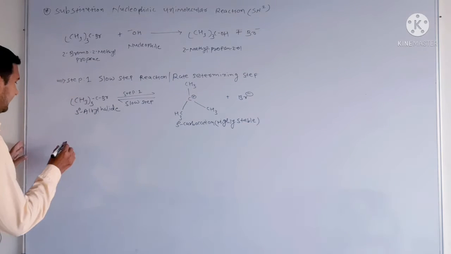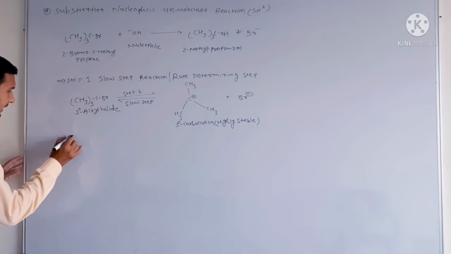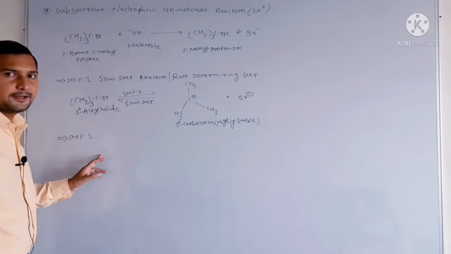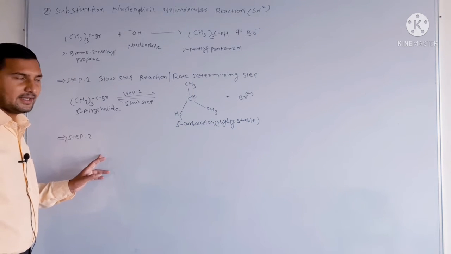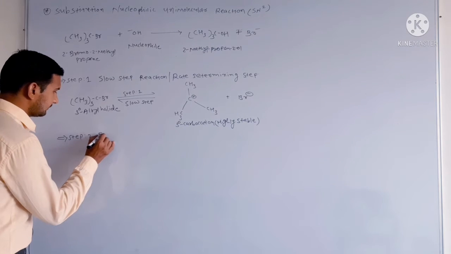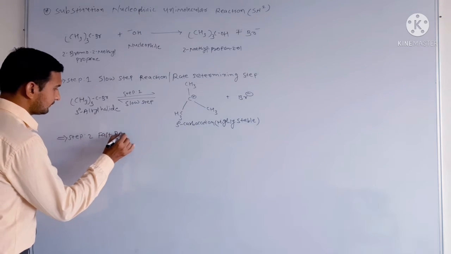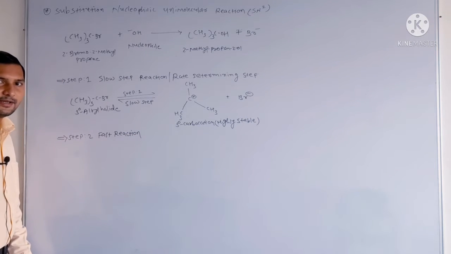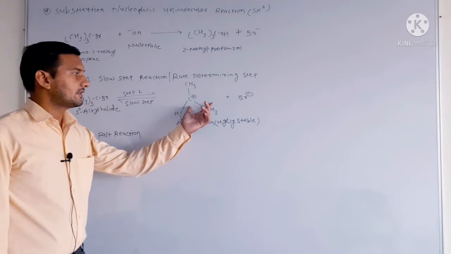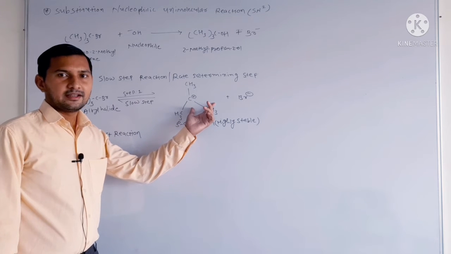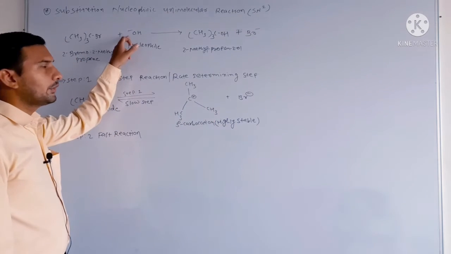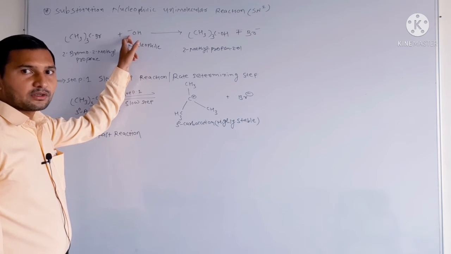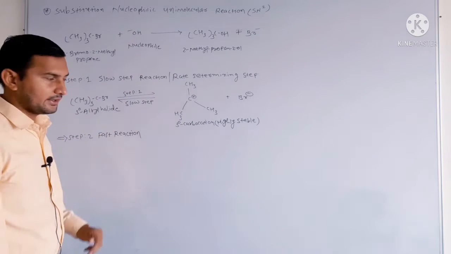In the second step, step number 2, this second step is a fast reaction. In the second step, the tertiary carbocation reacts with the nucleophile OH- ion and forms tertiary alcohol, which is our main product.